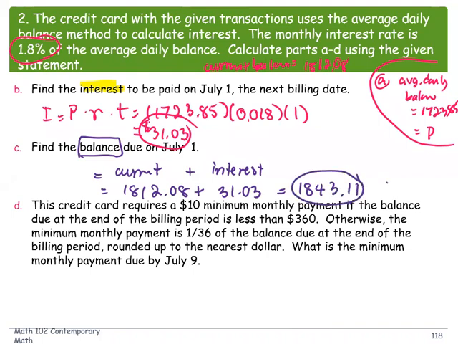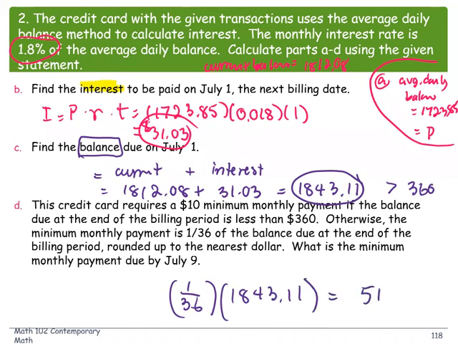This number is definitely greater than $360, so the minimum monthly payment required for this billing cycle is 1/36 of the value 1843.11. The number comes to $51.20 as the minimum payment for this cycle.